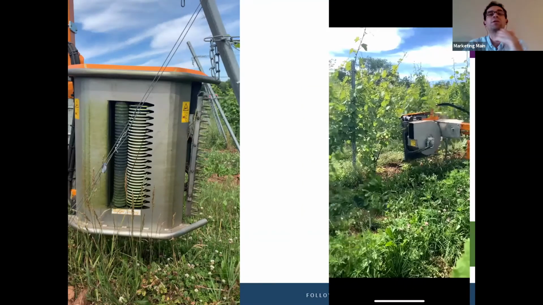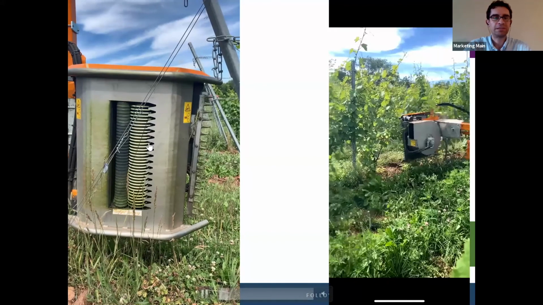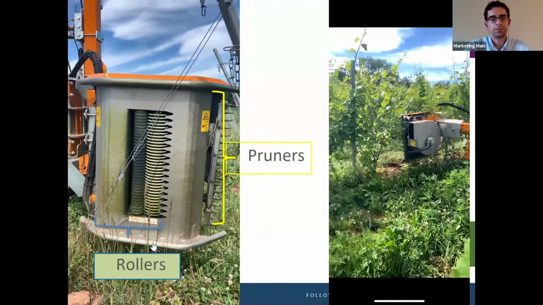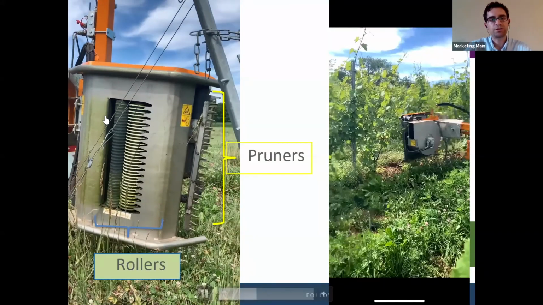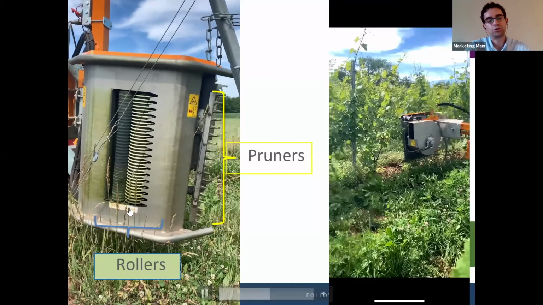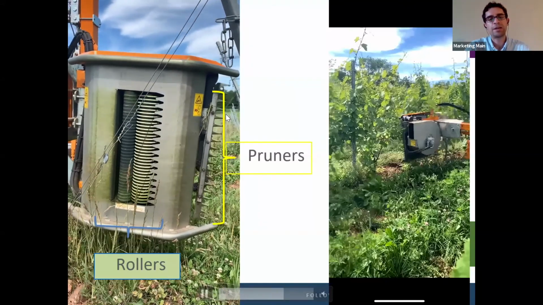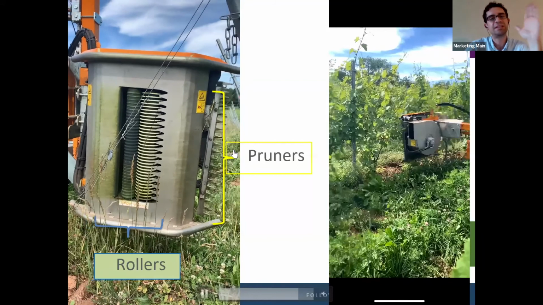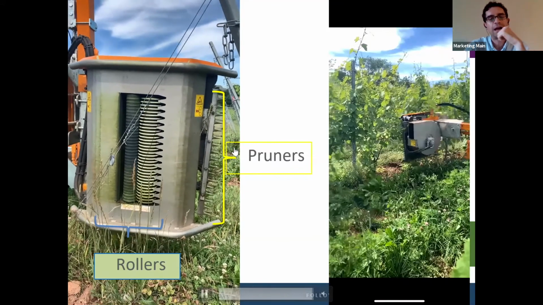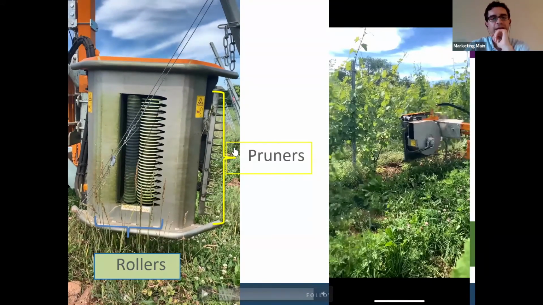Also, we have other options, which is mechanical de-leafing. As I know not many people have seen it, we have an example here. Here we have two rollers which absorb the leaves. Here we have pruners that, if necessary, cut anything going out, diminishing the amount of branches.